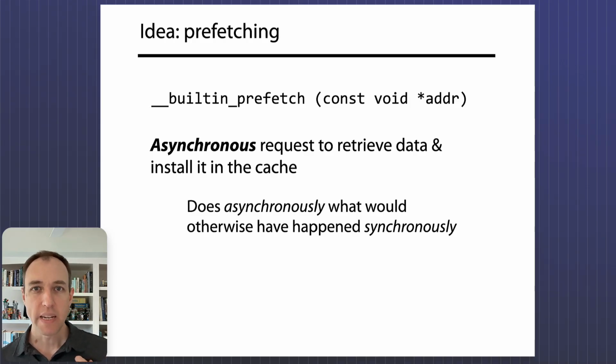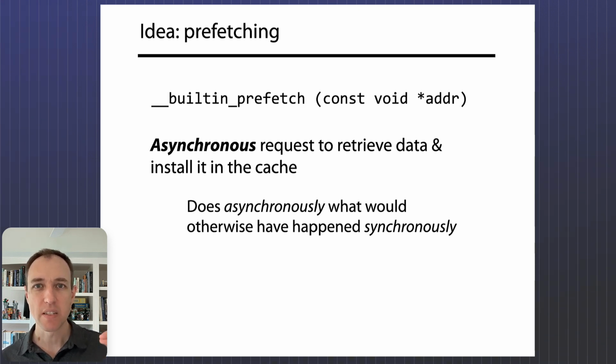So you can actually write into your program a statement that says, please go preemptively fetch this address from memory. And a little bit around it. Usually you fetch about 64 bytes worth of memory at a time or something like that. Go fetch this address in memory.